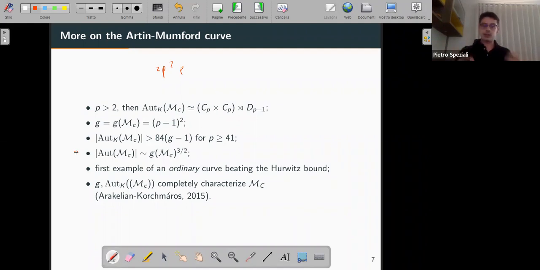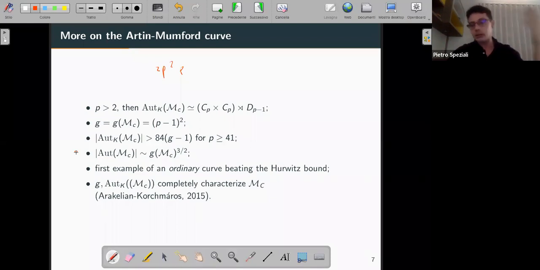And what's interesting here is that we are above the Hurwitz bound. This is another example of a curve which is not as special as the Klein quartic in characteristic 3, but it's above the Hurwitz bound for p big enough. And actually, this curve answered a question posed by Mumford, because at the time, around the mid 70s, the only curves with too many automorphisms had p-rank 0.